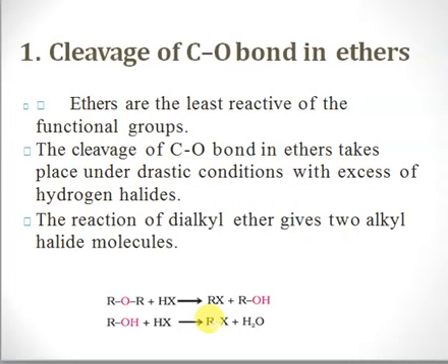So in general, when you use ether with excess hydrogen halide, we get alkyl halide molecules. Initially we get alkyl halide with alcohol, and this alcohol upon reaction with hydrogen halide is also converted into another molecule of alkyl halide.